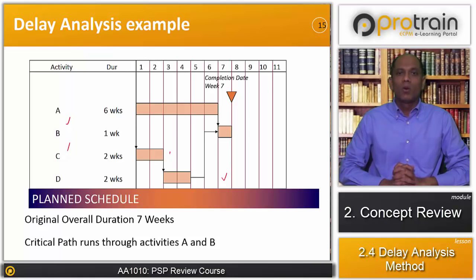The original overall duration of the project is 7 weeks, and critical path passes through activity A and B. Clear? So this is what we have now.